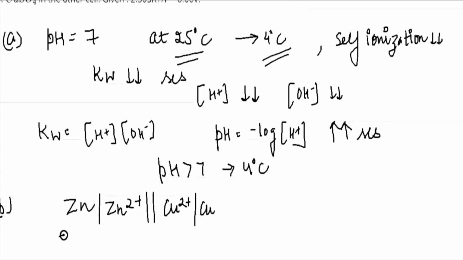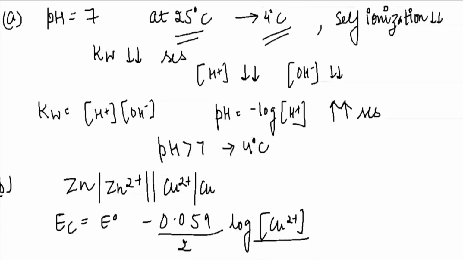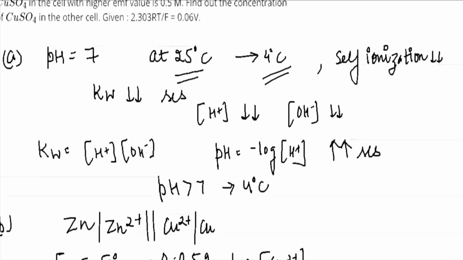So the E cell is given by E naught of the cell minus 0.059 divided by the number of electrons involved, which is 2, times log of the concentration of Zn2 plus ion divided by the concentration of Cu2 plus ion. This is our first case.